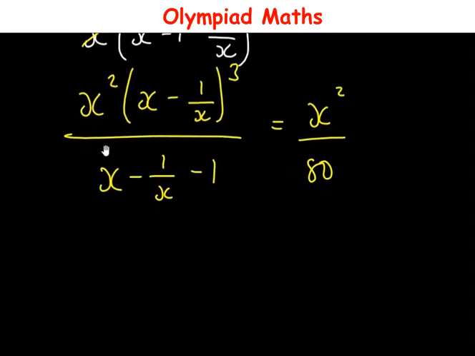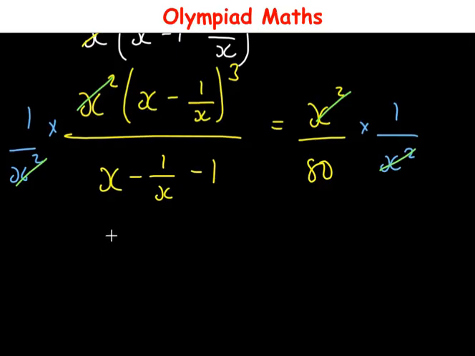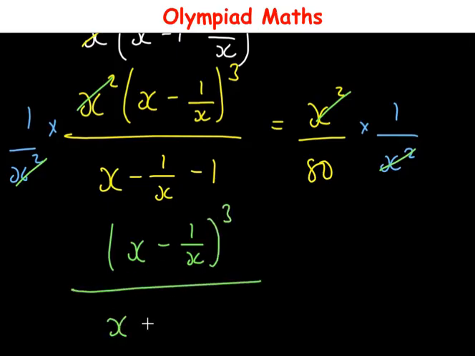From here, the next thing we are going to do is multiply this equation by 1 over x². So we have 1 over x² times the left side and 1 over x² times the right side. Doing this, x² cancels x², and we are left with (x − 1/x)³ over (x − 1/x − 1).